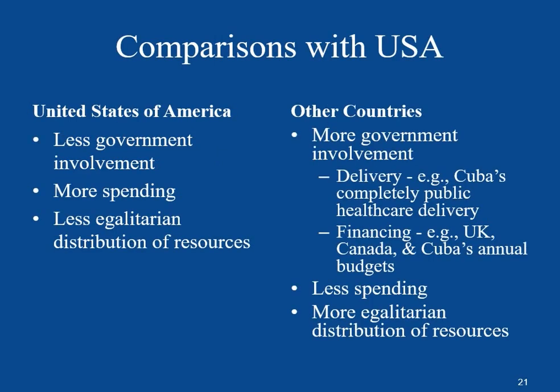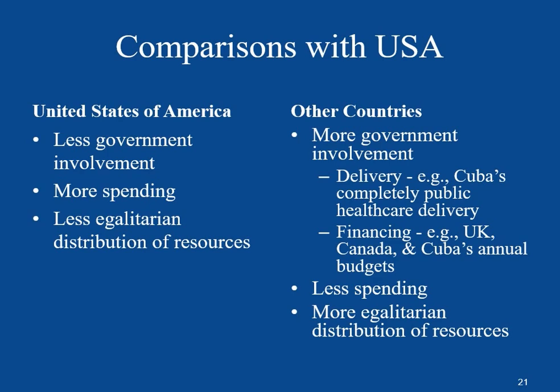From this slide, you will have an IRAT, comparisons of other countries with the United States. You see here, under the United States of America, it's characterized by less government involvement, more spending, less egalitarian distribution of resources.